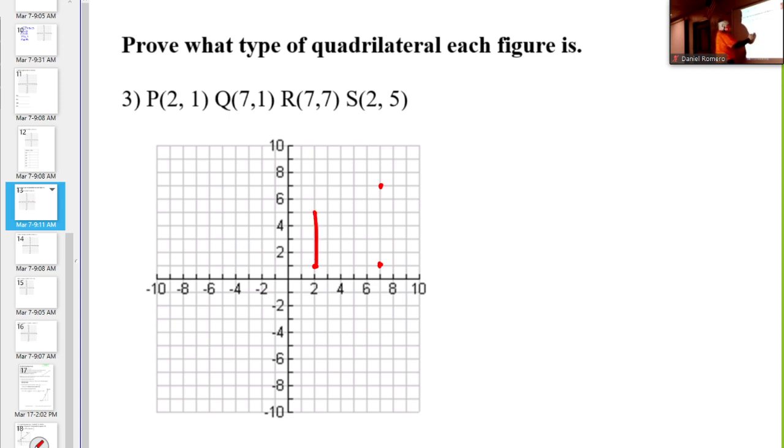So, first thing I'm looking at is how many sets of parallel sides. And clearly, the top and the bottom ones don't look parallel, but obviously those two are, and I know this because they're both vertical. What do you call a quadrilateral that has one pair of parallel sides?